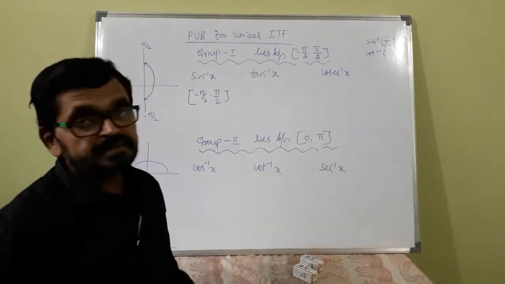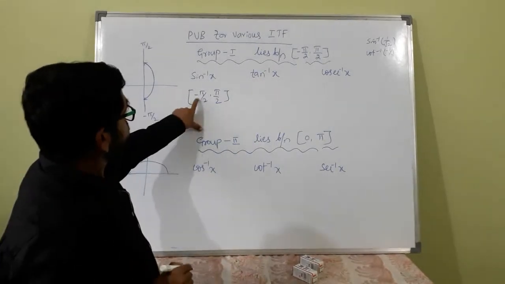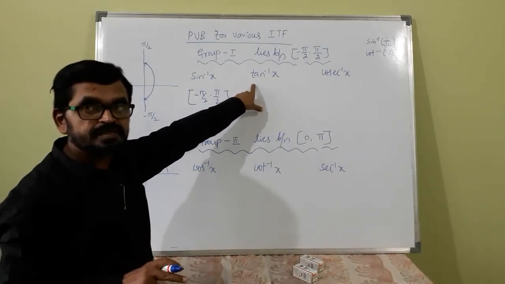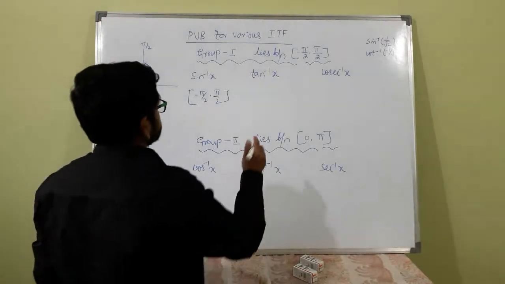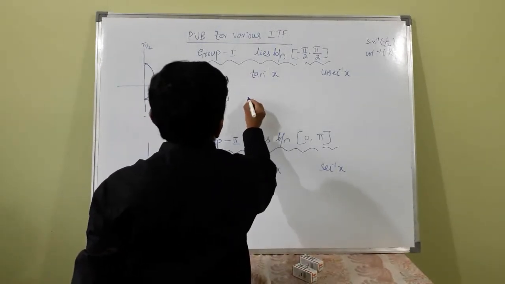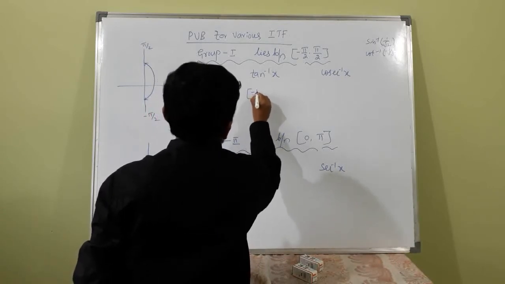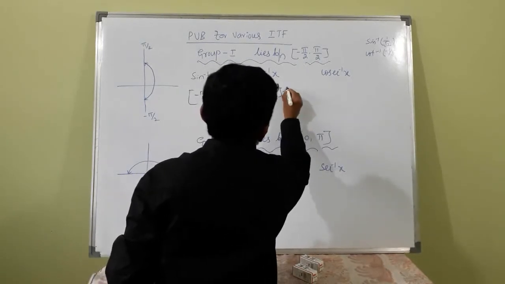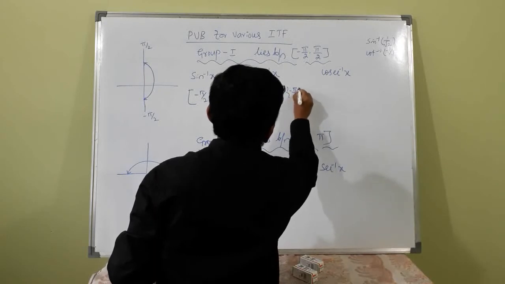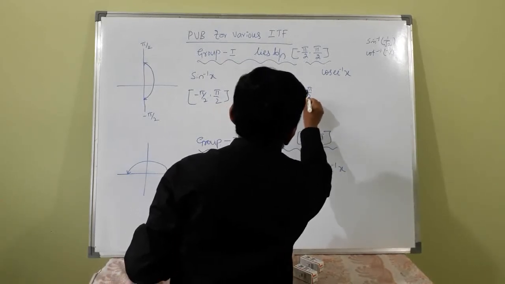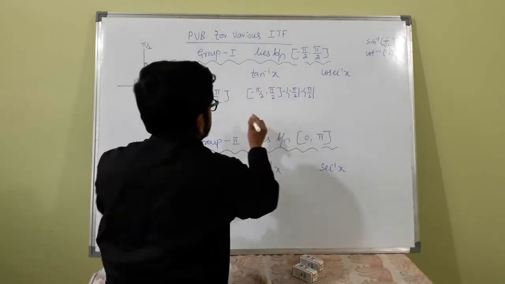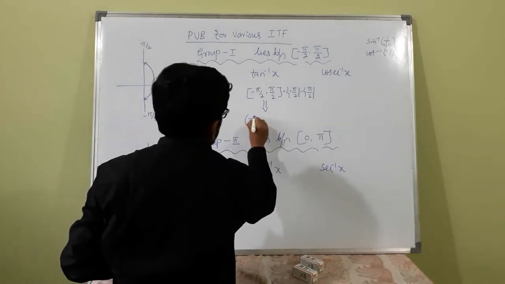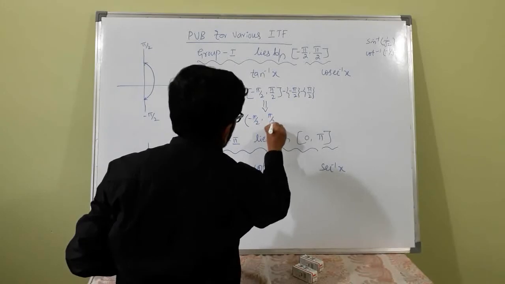What happens with tan inverse x? This minus π/2 and π/2 are not allowed, because tan of π/2 is infinity, and minus π/2 is also infinity. So except these two values, that means the boundary values, it can be written as minus π/2 to π/2.